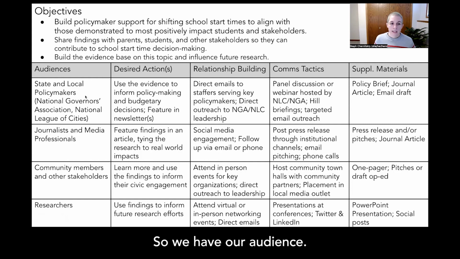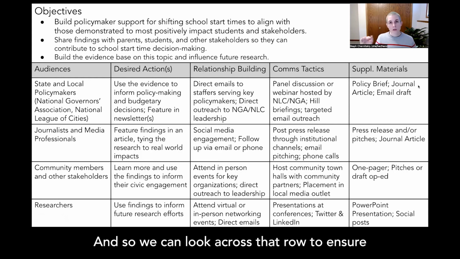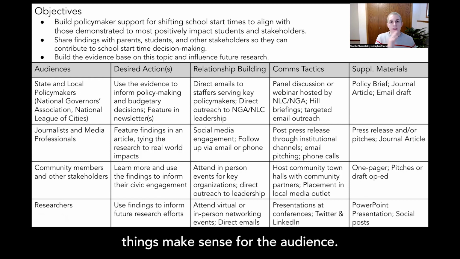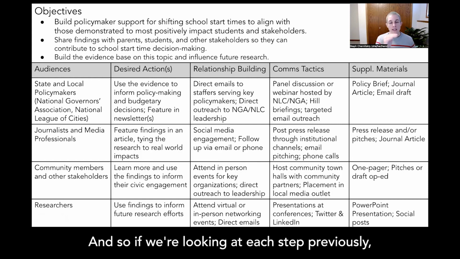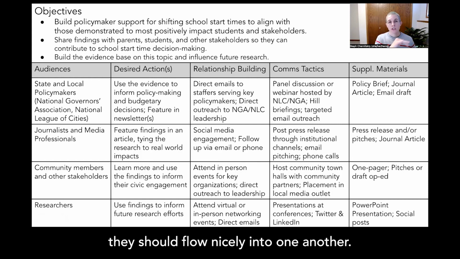So we have our audience, we know the desired action we're asking them to take. We have our relationship building tactics, our communications tactics, and our supplemental materials. And so we can look across that row to ensure that each of the following things makes sense for the audience. And so if we're looking at each step previously, they should flow nicely into one another.